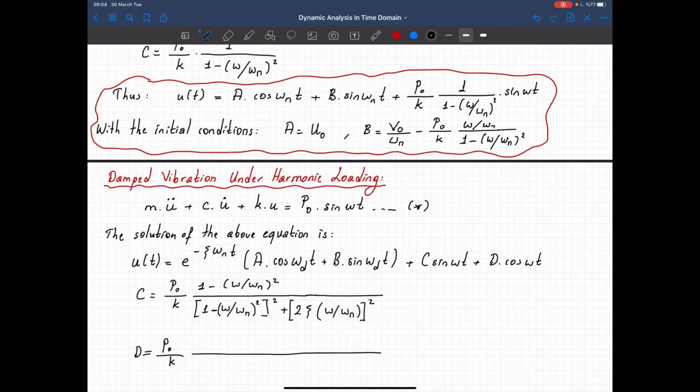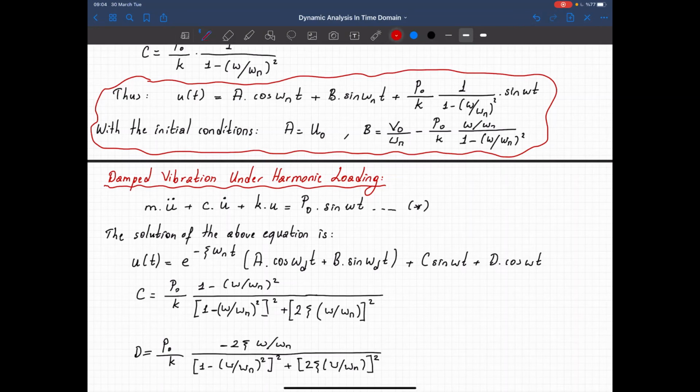And D will be equal to P0 over k. At the numerator we have minus 2 times psi omega over omega n, divided by 1 minus omega over omega n squared, squared, plus 2 times psi omega over omega n squared.